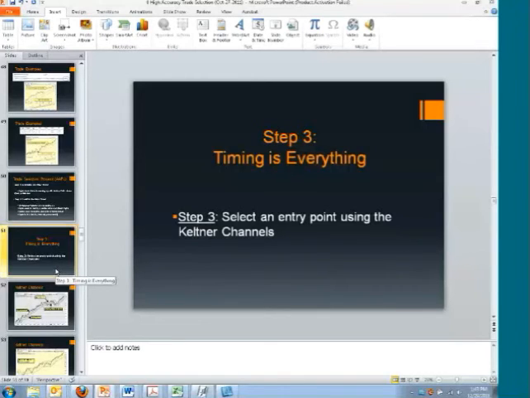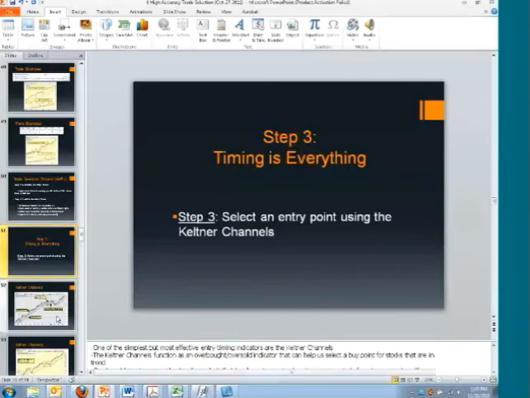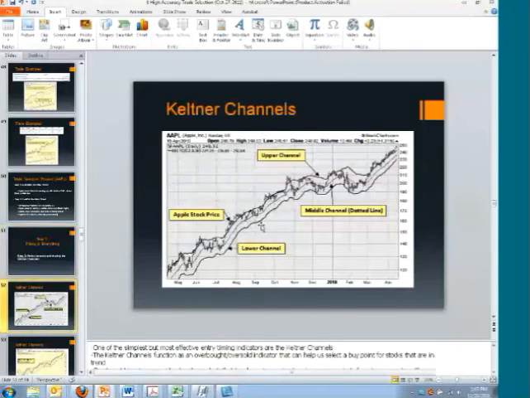We'll look at those in detail and how to download those fundamental indicators. And then we'll also look in detail at the Keltner channels and how to select a good entry price for your trade. And that's also a very important step. That's step 3, selecting an entry price.